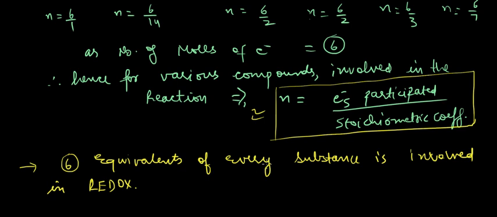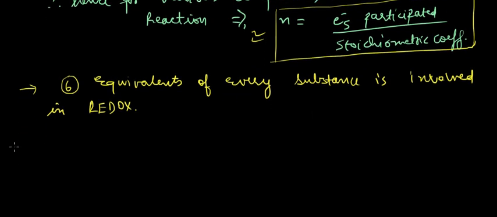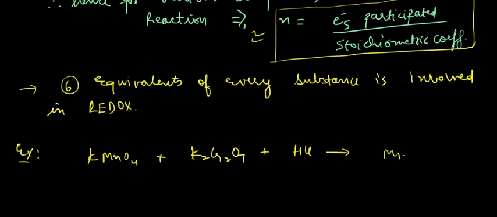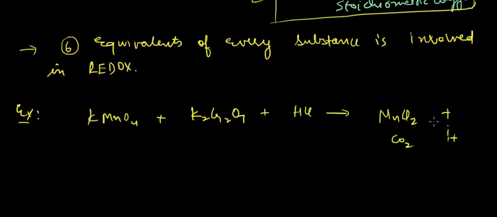Okay, next let us take another example, which is this reaction: KMnO4 plus K2C2O4 plus HCl forming MnCl2 plus CO2 plus KCl plus H2O.